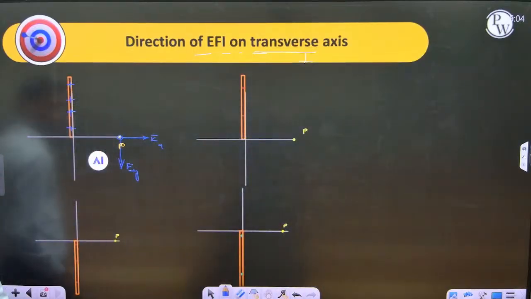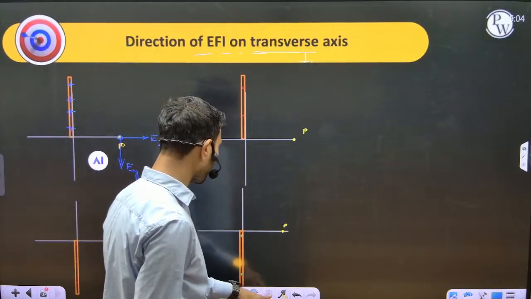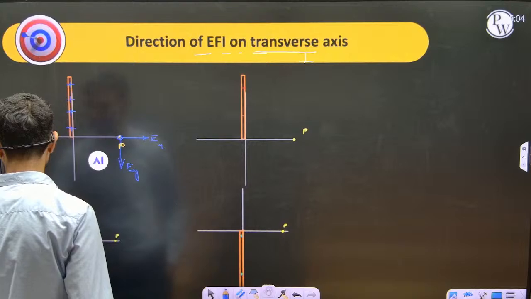Now, let's talk about all the positive charges first. Then we'll come to negative charges.